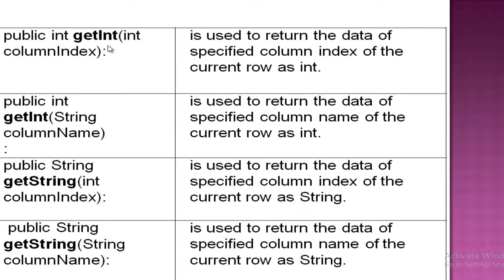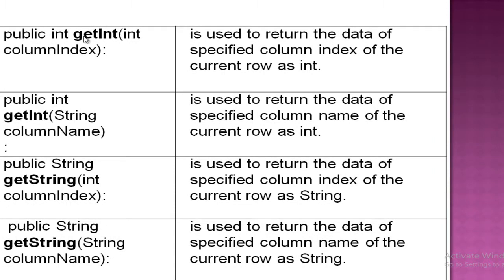public integer getInt, that means we have to get the integer value, right? So this is about how you can use it to return the data of the specified column index of the current row as an integer. Okay, so this is about getInt column index.